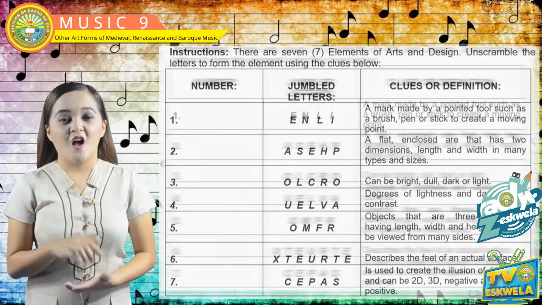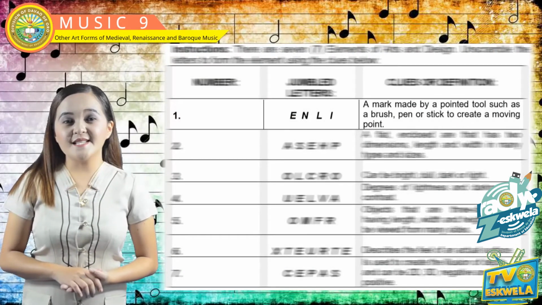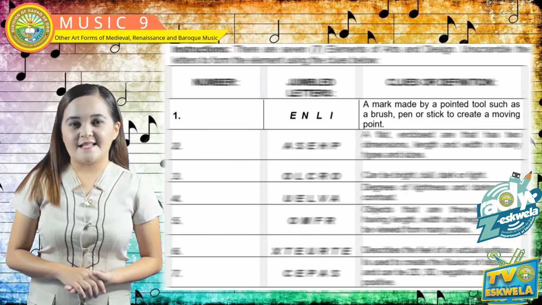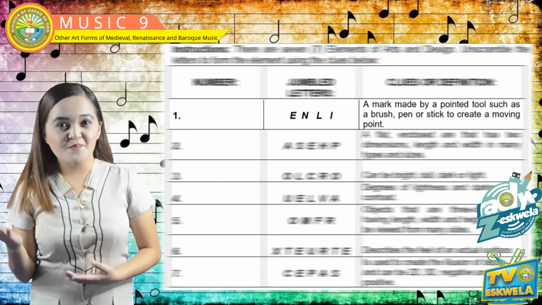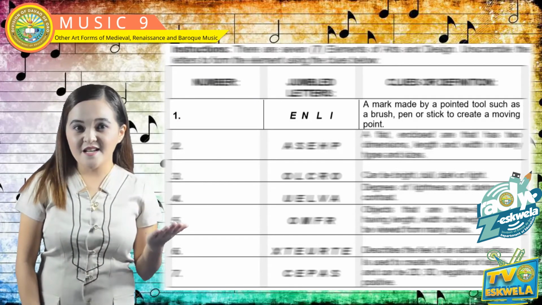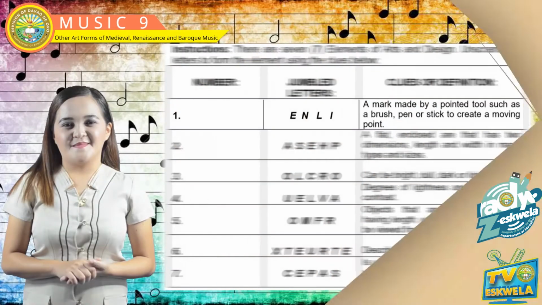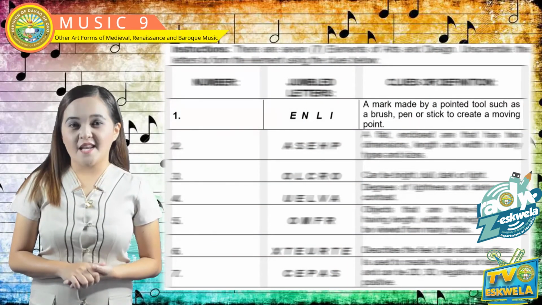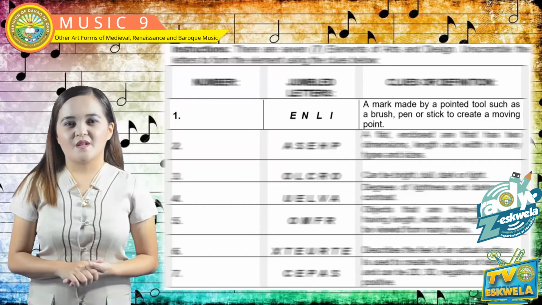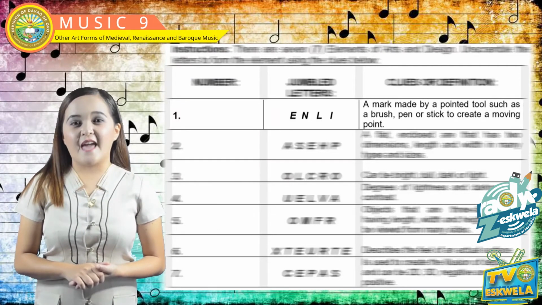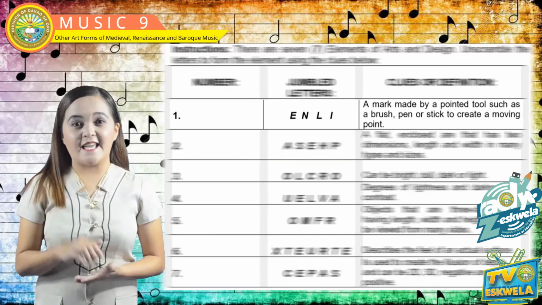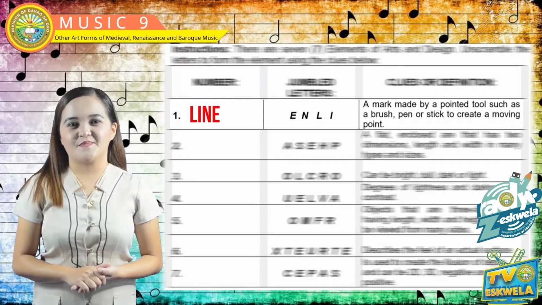Number 1. A mark made by a pointed tool such as a brush, pen, or stick to create a moving point. What is the answer? Correct! The answer for number 1 is line.